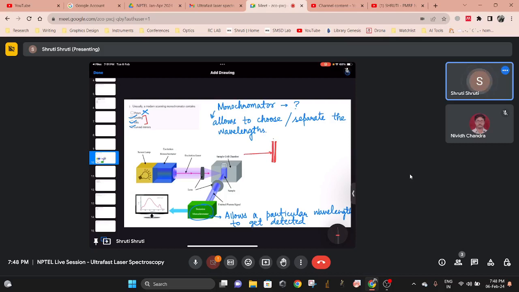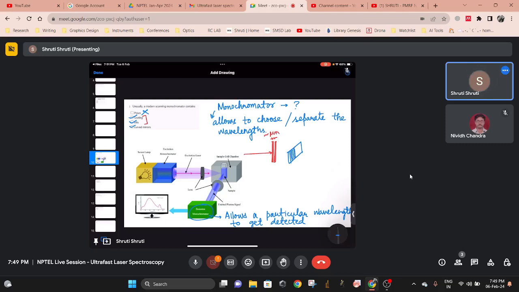This slit distance is very small, in microns. And then in front of the slit, you put a grating.